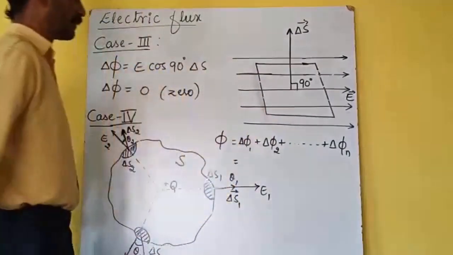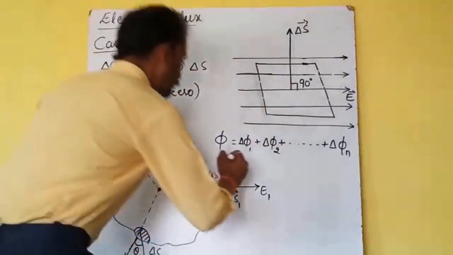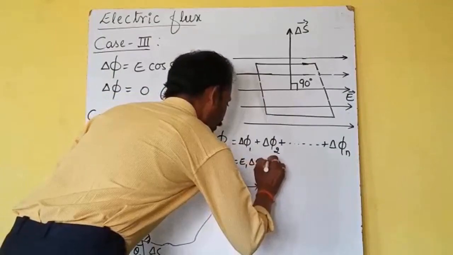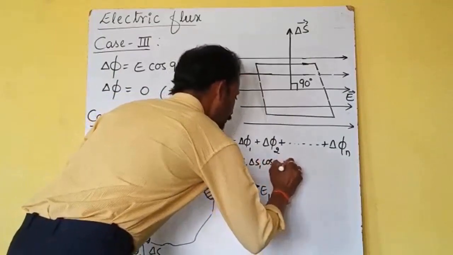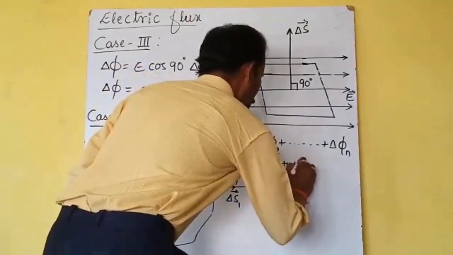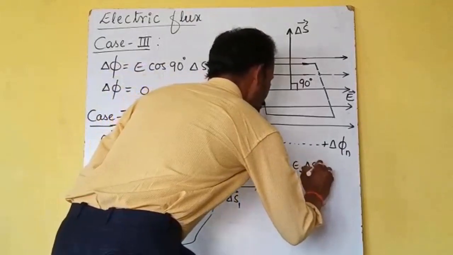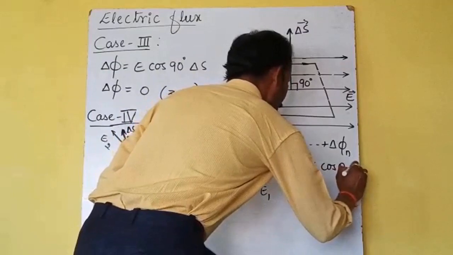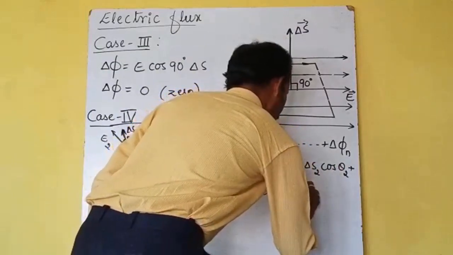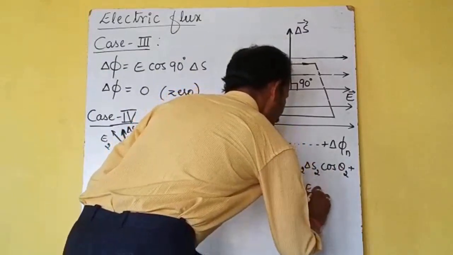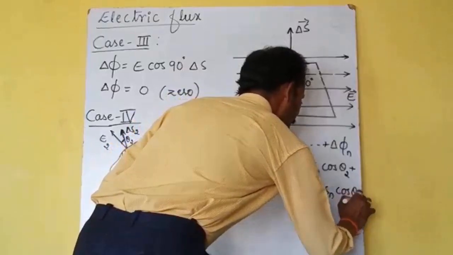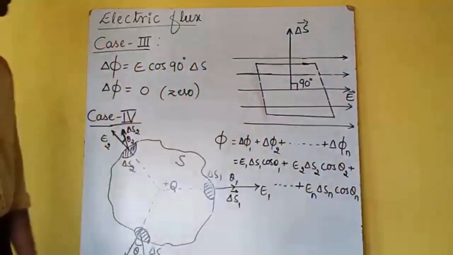This can be given by phi equals E1 delta S1 cos theta 1 plus E2 delta S2 cos theta 2 plus so on plus En delta Sn cos theta n.